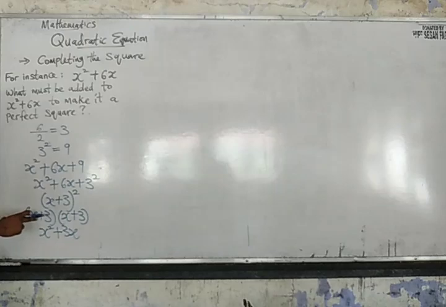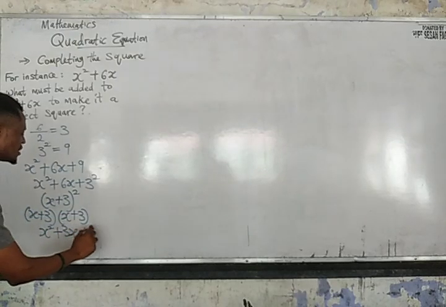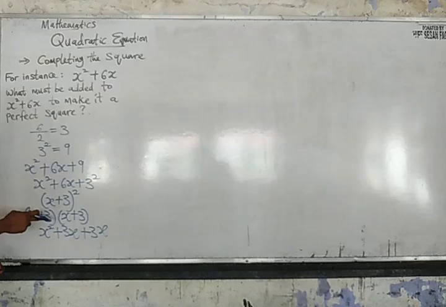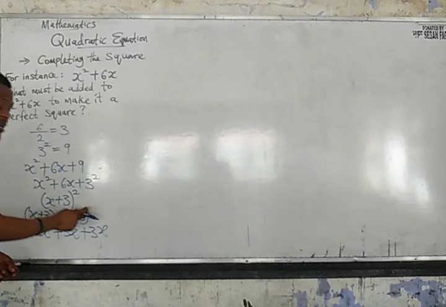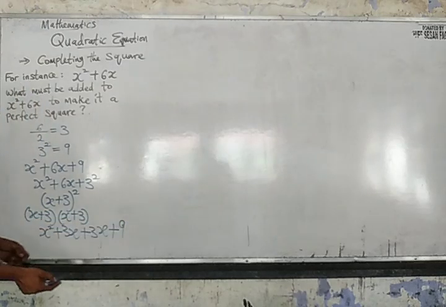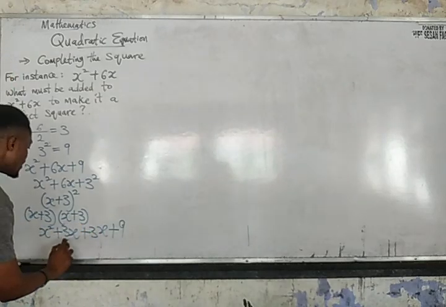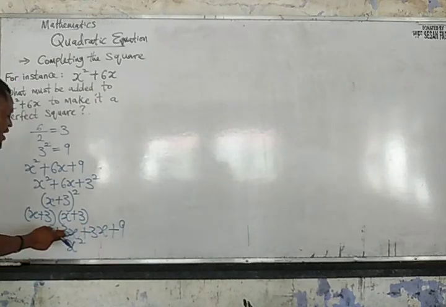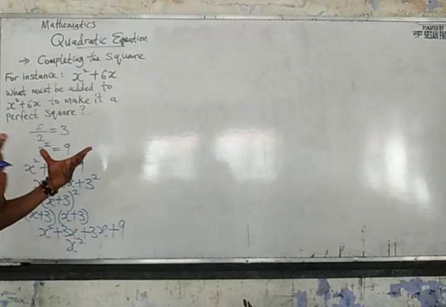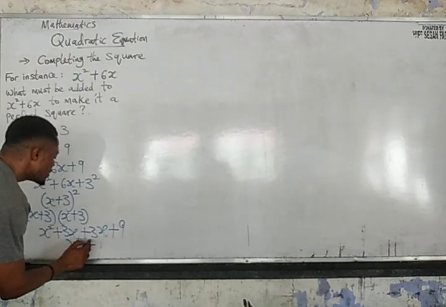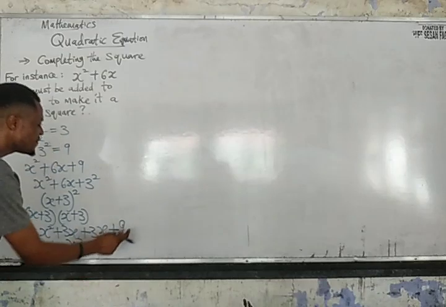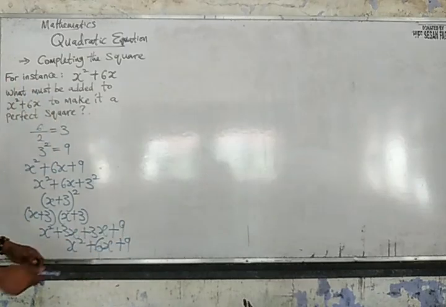Furthermore, x multiplied by this gives us this. Now 3 multiplied by x, we have 3x. And finally 3 multiplied by 3 will give us 9. So when you sum the like terms together, we are going to have x squared, 3x plus 3x is going to give us 6x. So we have 6x, then finally our 9.